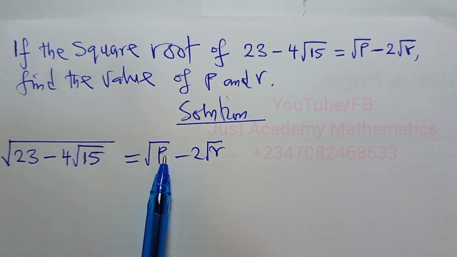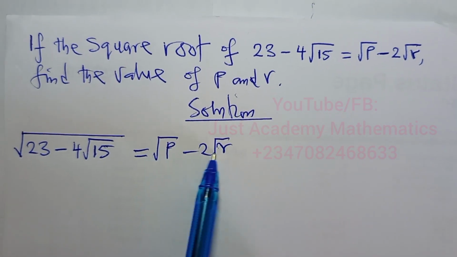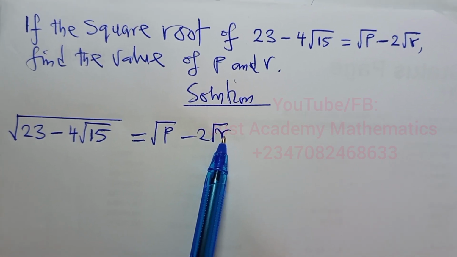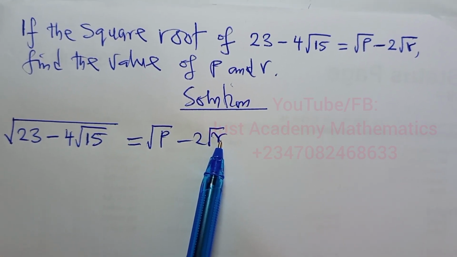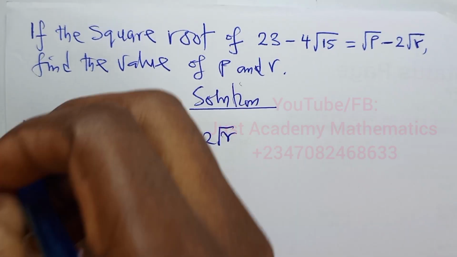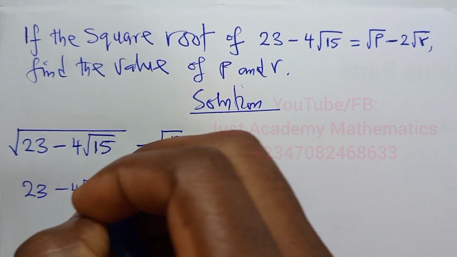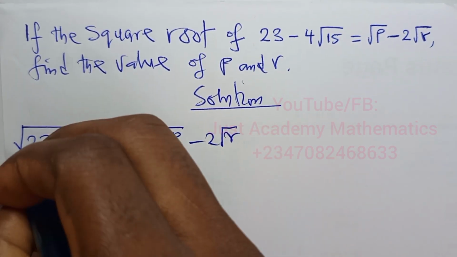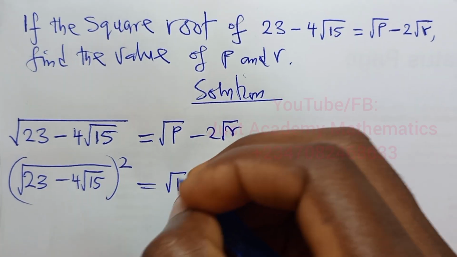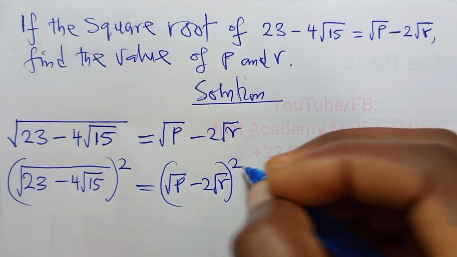Now we're looking for P and R. The only way we can do away with the root is for us to square both sides. If we square both sides, we have the square root of 23 minus 4 root 15, squared, equals root P minus 2 root R, squared.